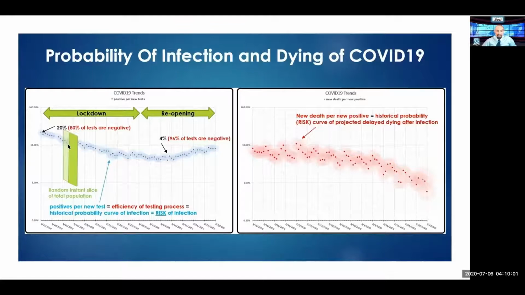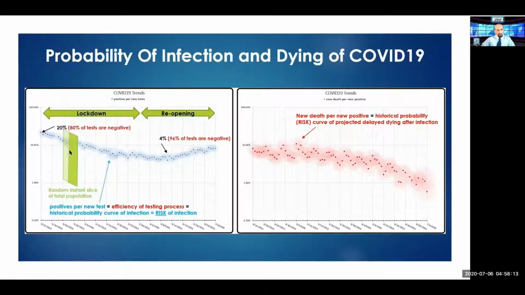This is because the sample was randomized, as I mentioned, and this curve actually represents the probability that we're going to find the infected population in the entire USA represented by this number. So as such, this slice now represents, as we mentioned, the status of COVID-19 at this given day.